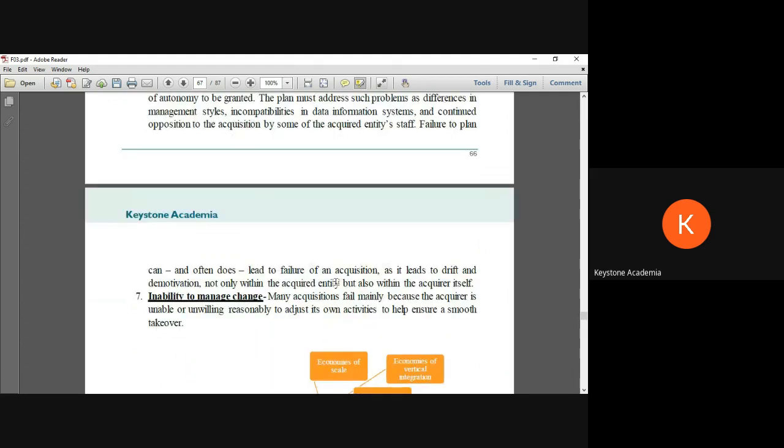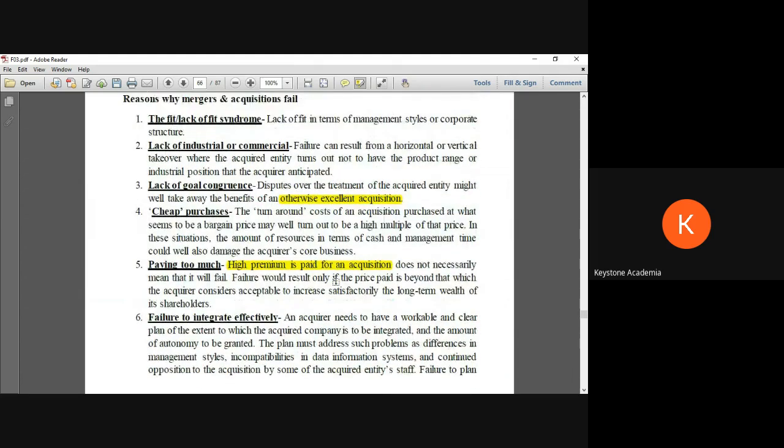They have given some seven points. Do you think some more points can be added here? Why could M&A fail? Culture, very important, in fact the most important, especially in international deals. What else?